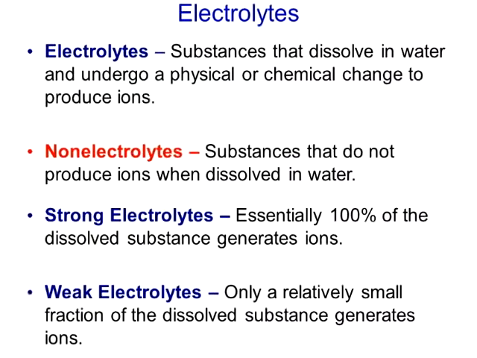So again, substances that dissolve in water and undergo a physical or chemical change produce ions, and therefore they are electrolytes. Electrolytes are ionic species. We can have non-electrolytes. That means that the substances do not produce ions when dissolved in water. So if you put something in water that does not produce an ion, even though you said, boy, it dissolved, yes, it dissolved.